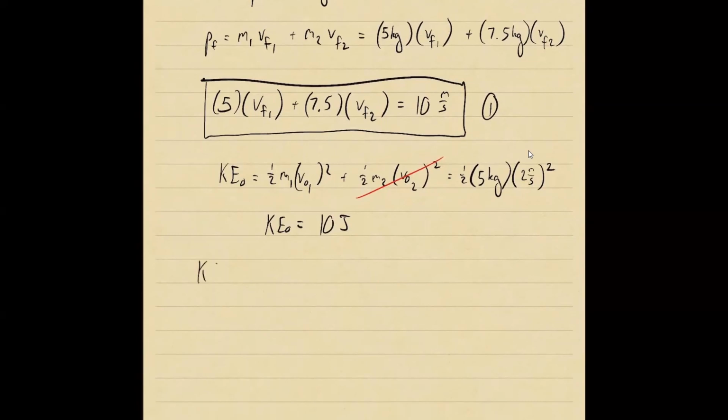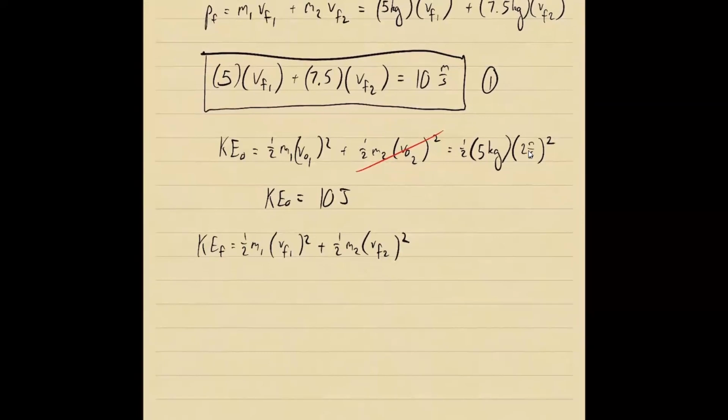But our final kinetic energy is the kinetic energy of both balls after the collision. So that's 1/2 m1 v final 1 squared plus 1/2 m2 v final 2 squared, right? Now at this point, we can't really do much with that.